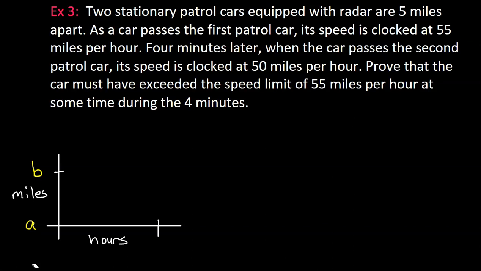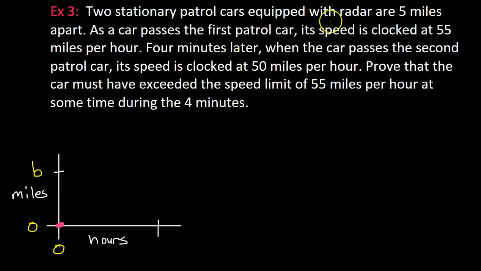So let's start our graph right as the car passes by the first patrol car. That happens right here, at position A. Since we're starting the graph here, we can call this 0 miles, and similarly, 0 hours. We're just starting right here at the origin.